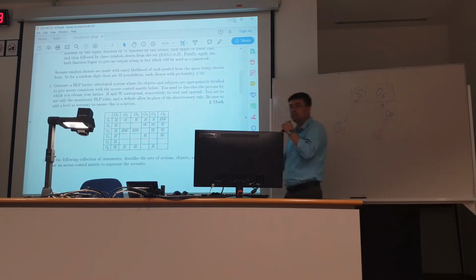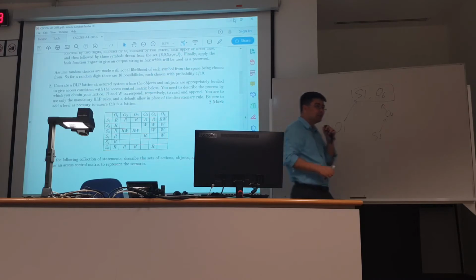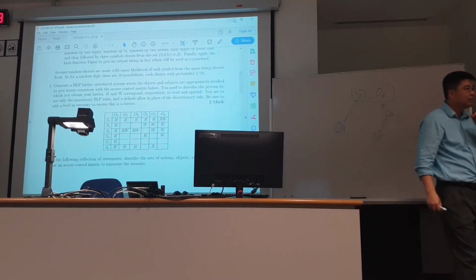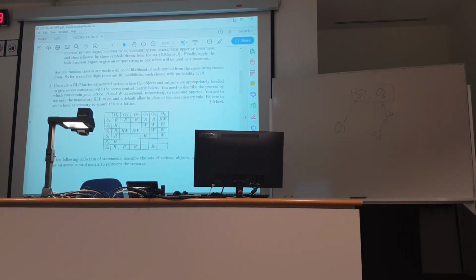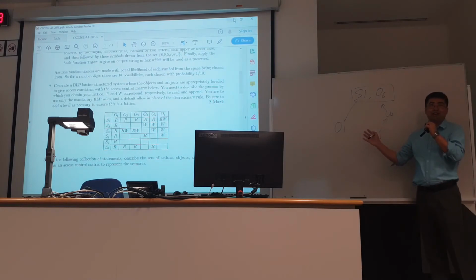Okay, any other question? O1 and O4? It depends, right? Later you need to find out if somewhere you can figure out that O1 and O4 are the same, then you can group them together.